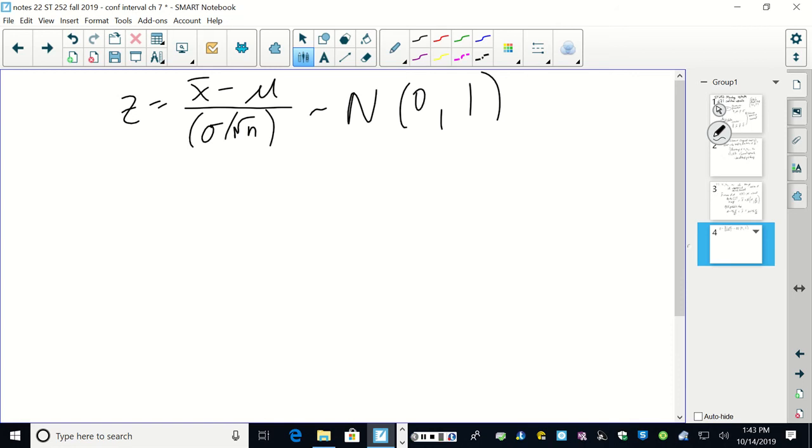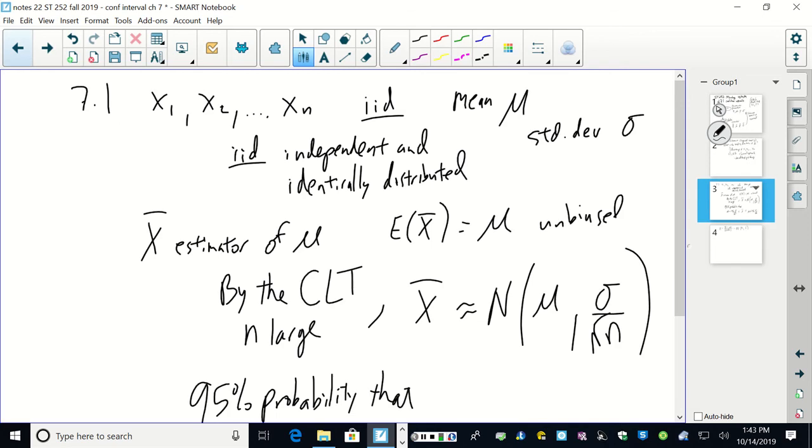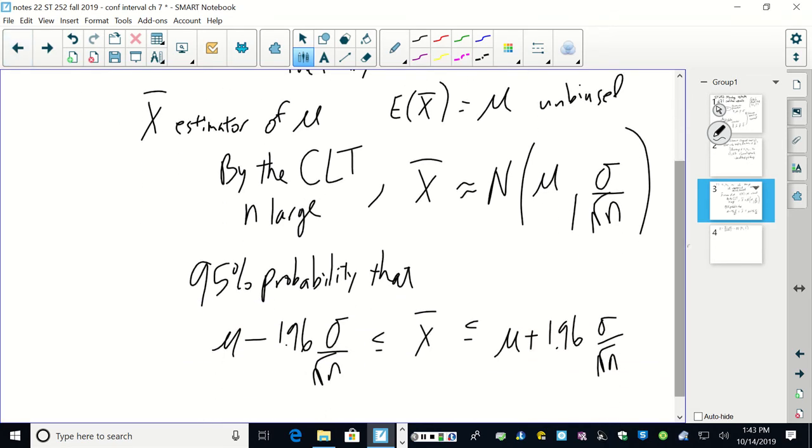So what we do then is consider this interval that has 95% probability. Well, we have two statements. Here's one inequality. You could change this inequality to isolate mu. You could add this to both sides, so you'd have mu is less than 1.96 plus that.